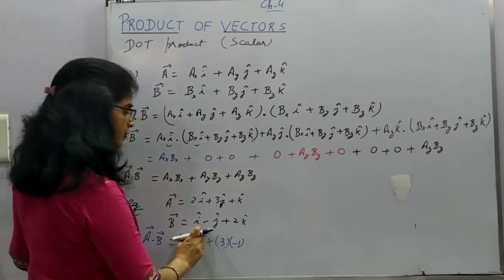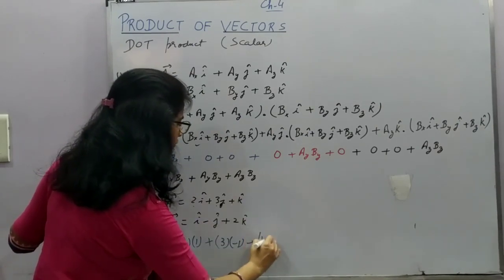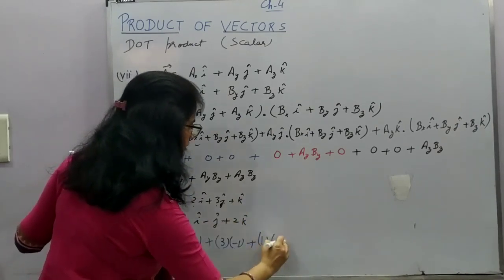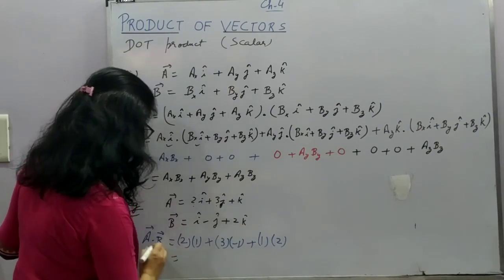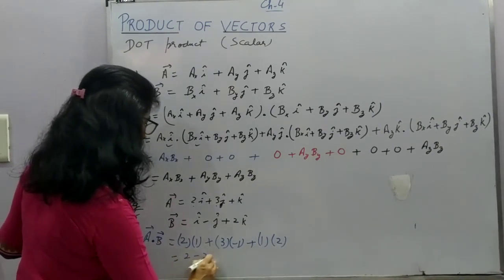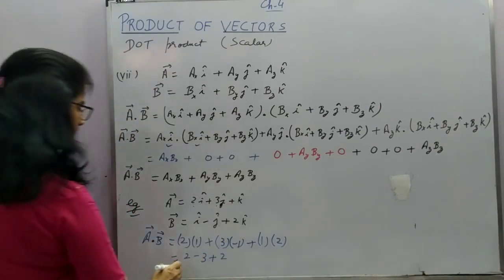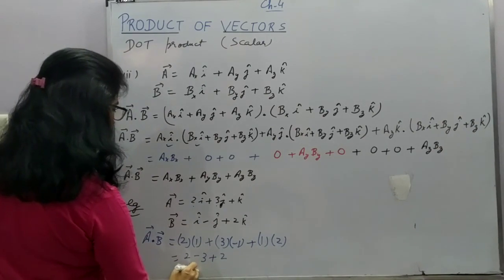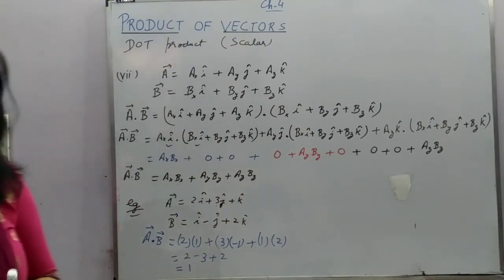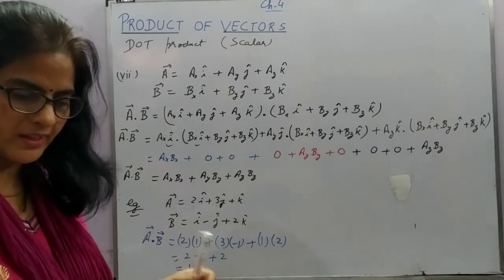So always consider the coefficient with its sign. Plus the coefficient of k here is 1, the coefficient of k here is 2. So what is the result of a dot b here, beta? This is 2 minus 3 plus 2. So what is the result here? a dot b is 1. Right? I hope you understood that we can calculate the dot product very easily.